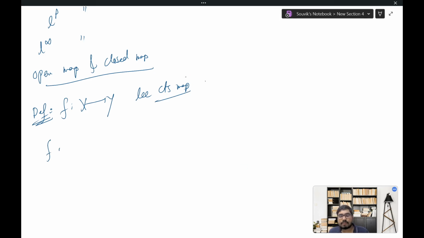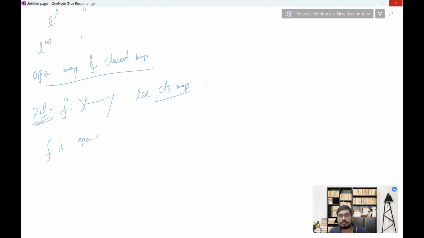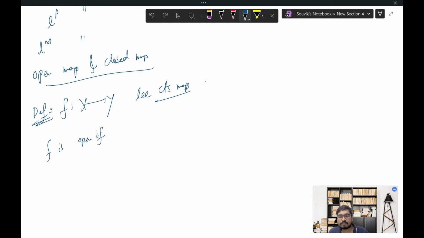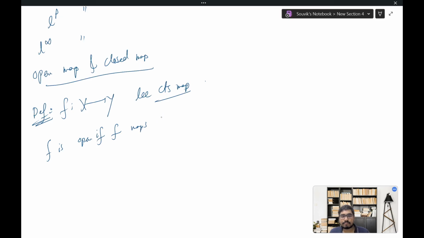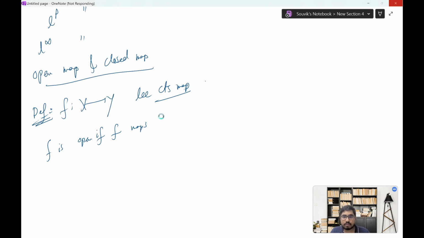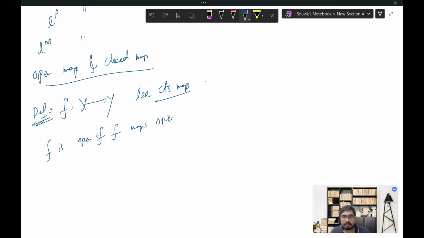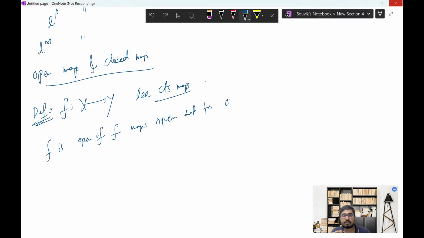So f is called an open map if it maps open sets to open sets.